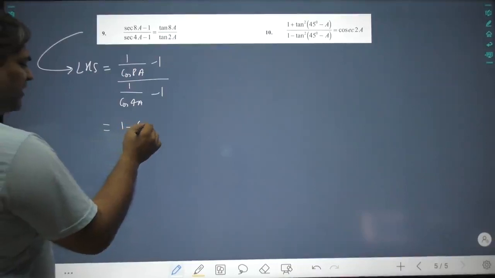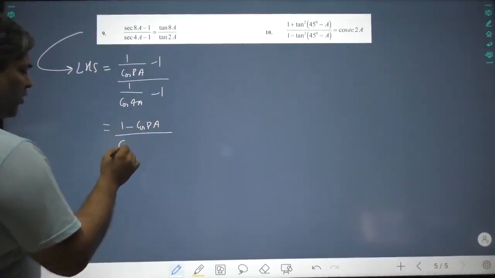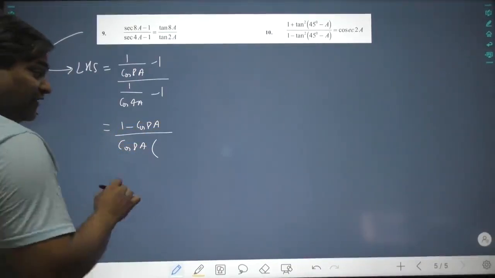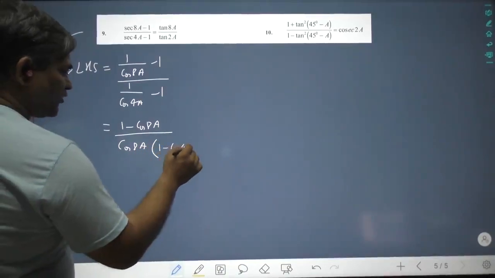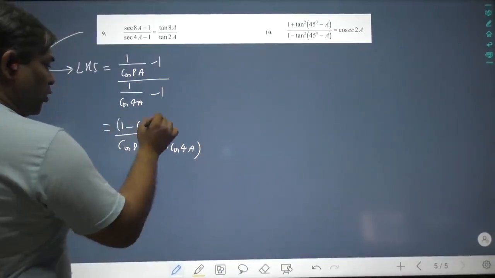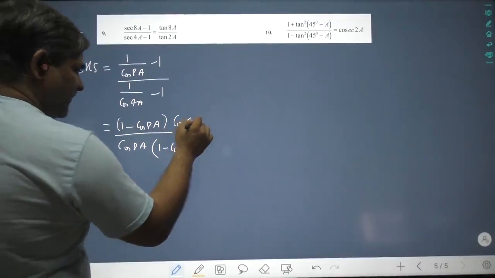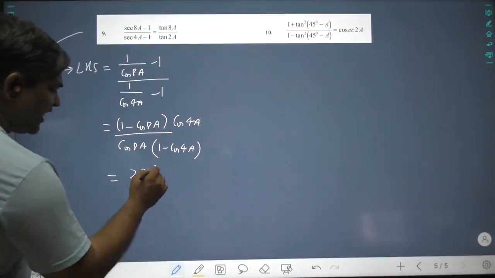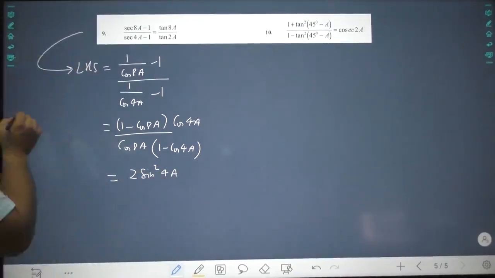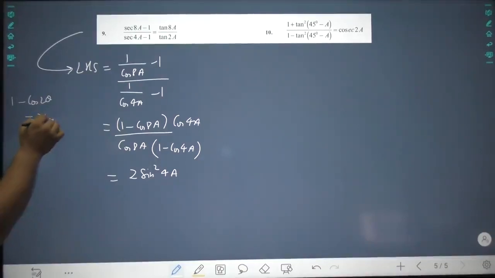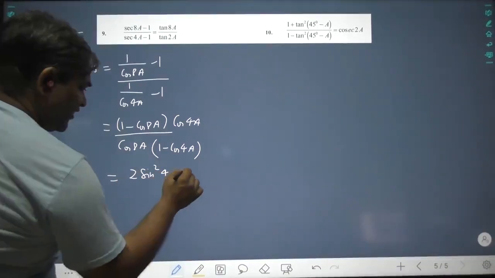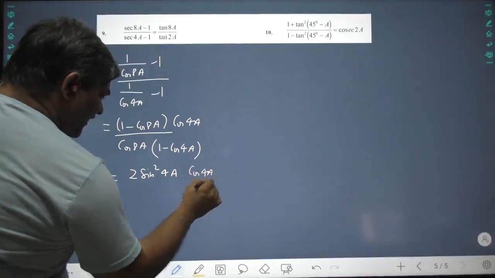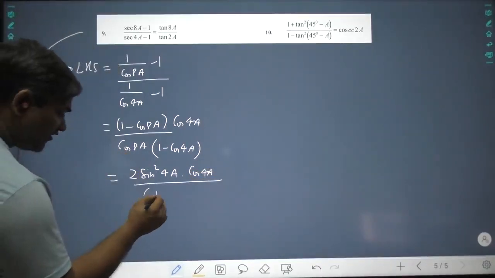So, this is 1 minus cos 8A whole upon cos 8A, and in the denominator 1 minus cos 4A into cos 4A. Now 1 minus cos 8A will become 2 sine square 4A. I am using the formula 1 minus cos 2 theta is 2 sine square theta, into cos 4A is there, and we have cos 8A.